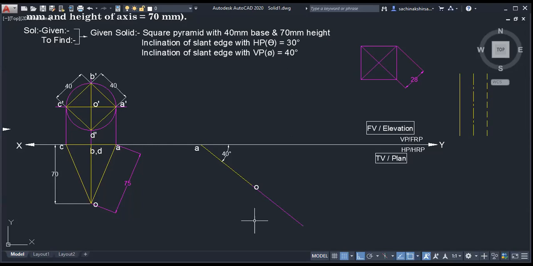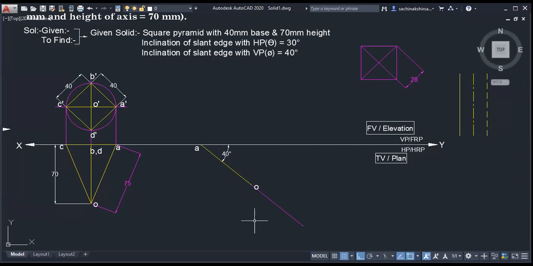Whether the AC line and AO line are perpendicular to each other? AO and AC in top view, are they perpendicular to each other? No, sir. Yes or no? AO, AC. No. These are not perpendicular.